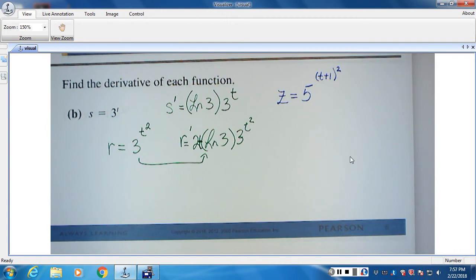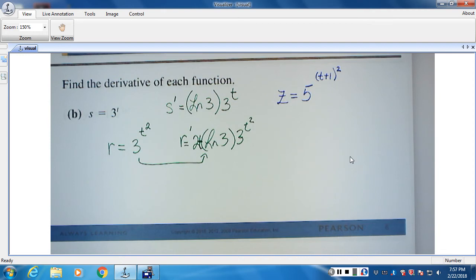Your power has to have its derivative taken of it. What's the derivative of t plus 1 quantity squared? Well, the derivative of t plus 1 is 1. No, you're right. You're right. But you've got to do something about that parentheses, because that's chain rule. Okay?